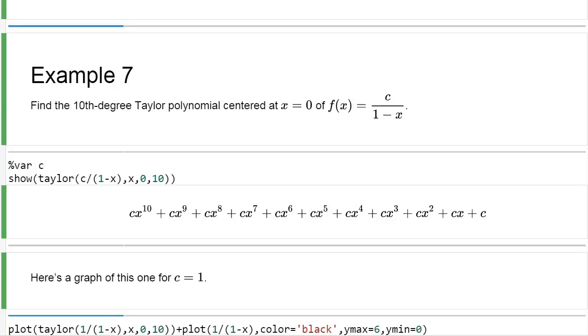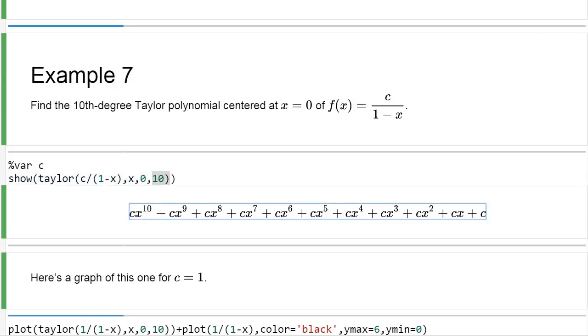Alright, example 7: the 10th degree Taylor polynomial centered at x equals 0 of the function c over 1 minus x. I told Sage that c is a variable. I did the Taylor command, c divided by 1 minus x, where x is the variable of the expansion. That means c will be treated as a constant rather than a variable. Centered at 0, degree 10, and here it is.